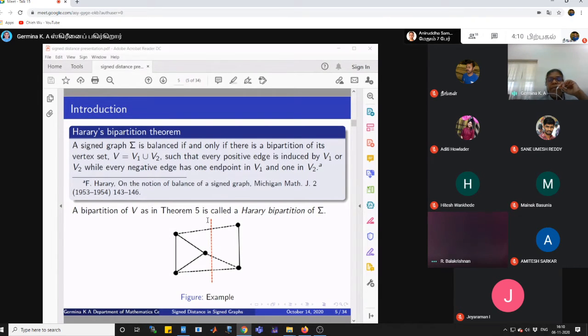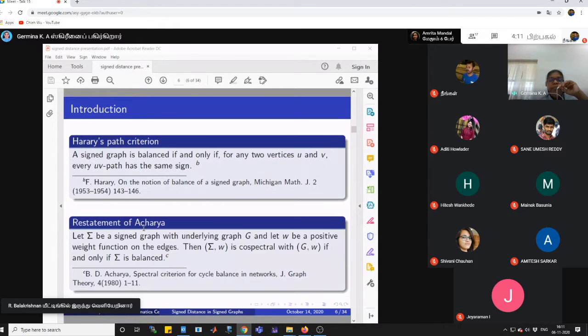So there exists a bipartition of the vertex set such that all the edges within the separate sets are positive and interconnecting edges are all negative. This is the famous Harary's bipartition theorem on signed graphs. So if such a bipartition exists, Harary proved that that particular signed network is balanced.